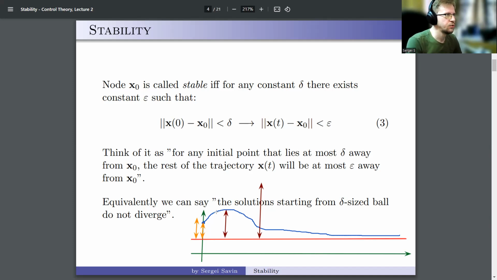The game is to prove that within some ball of size delta, all the solutions that start from there would not deviate more than epsilon away from the x node solution. That is the game.